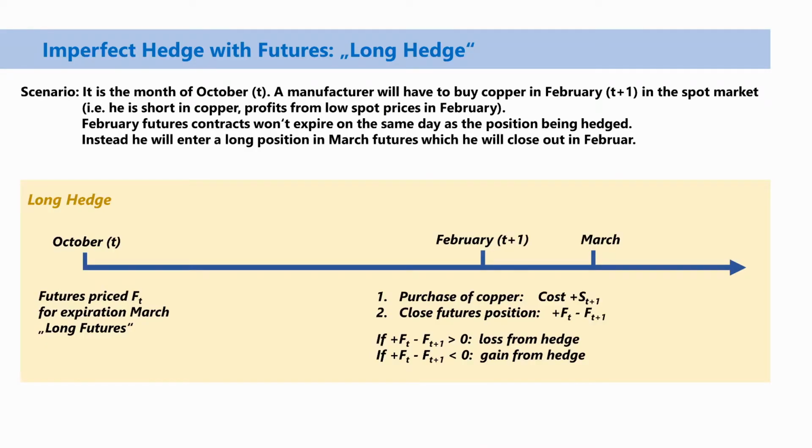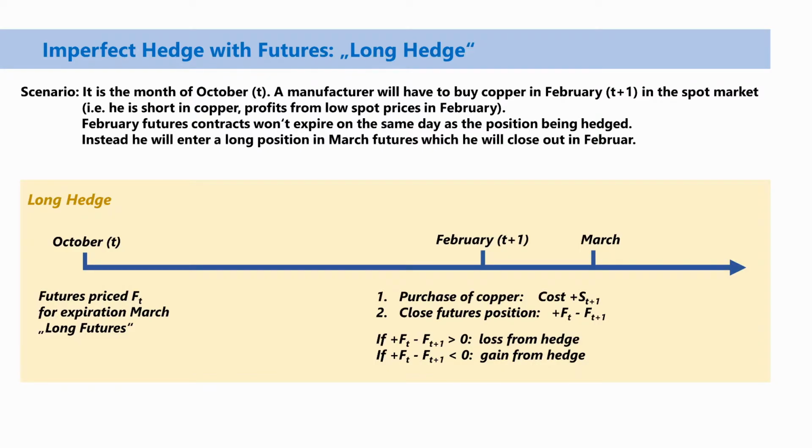In case of an imperfect hedge, it wouldn't work like that. An imperfect hedge occurs if futures contracts won't expire on the same day as the position being hedged. In a situation like that, futures contracts would be bought or sold which expire later than the position being hedged. So let's say it is the month of October. That would be time t.